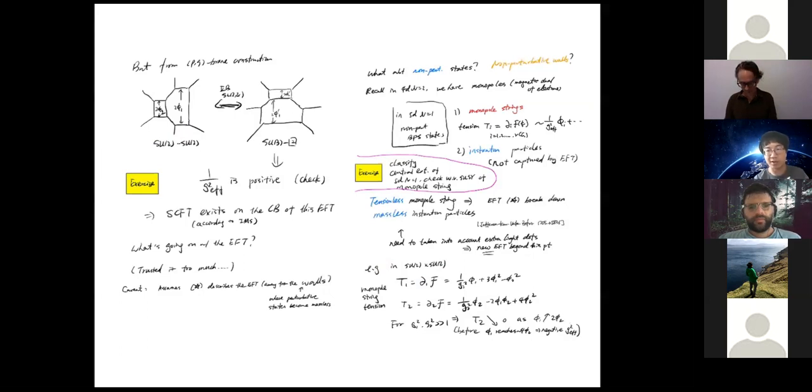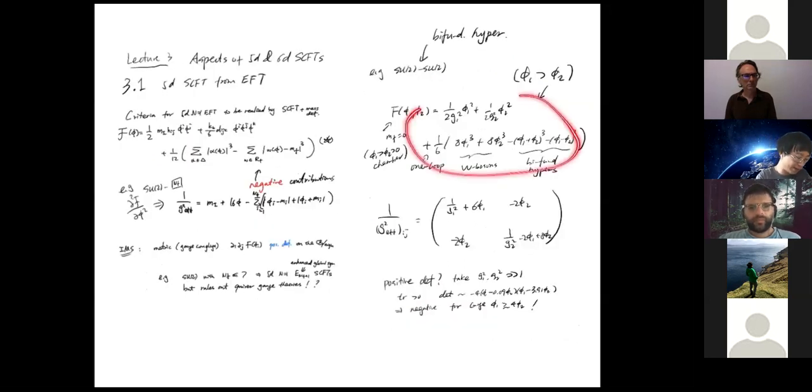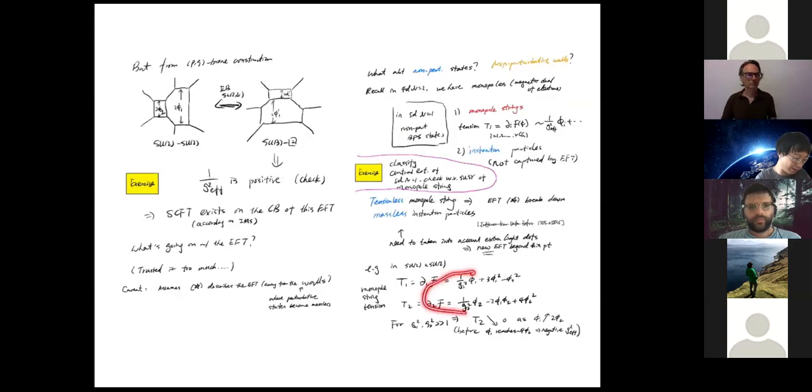Although the instantons are mysterious, the monopole string tension is encoded just by the first derivative of the prepotential with respect to the Coulomb branch parameter. From this formula, you can easily compute this monopole string tension. It looks as follows. And you can also see that in the strong coupling limit, where the gauge couplings are large, which corresponds to closer to the fixed point.